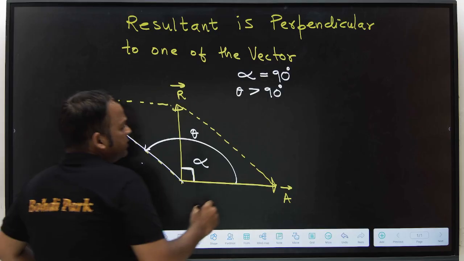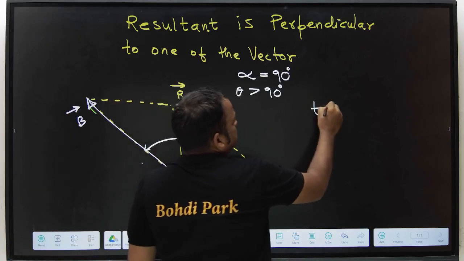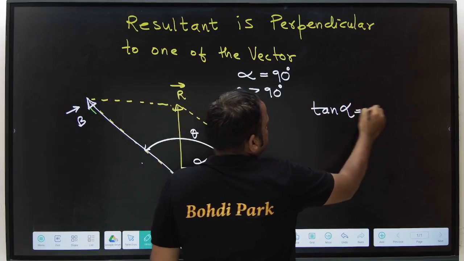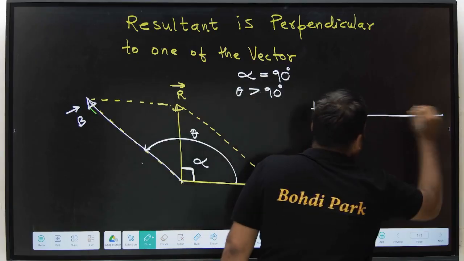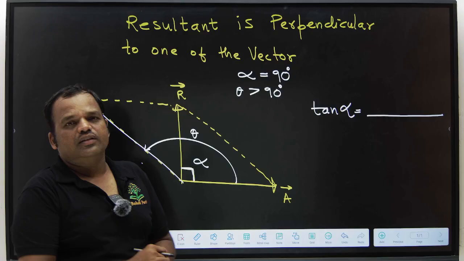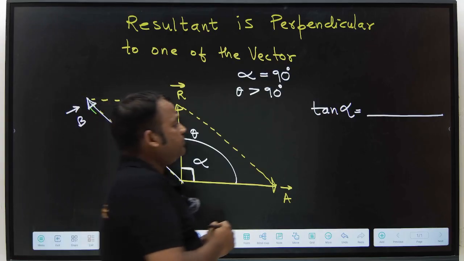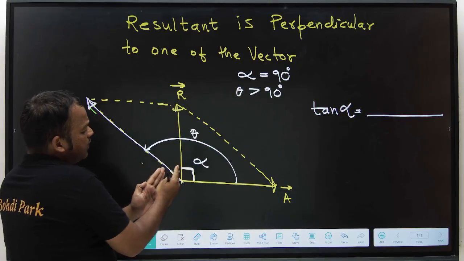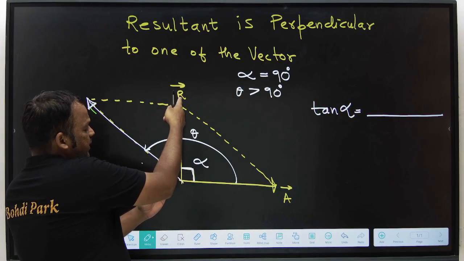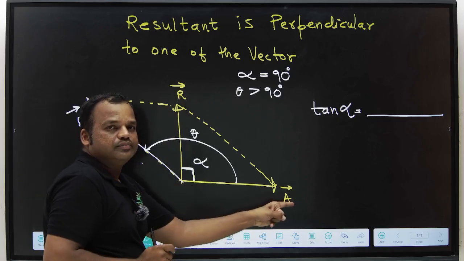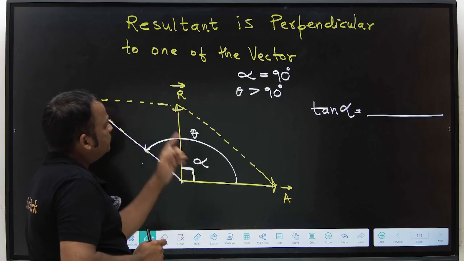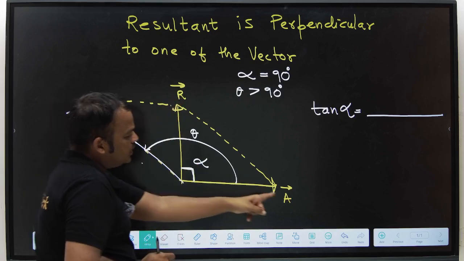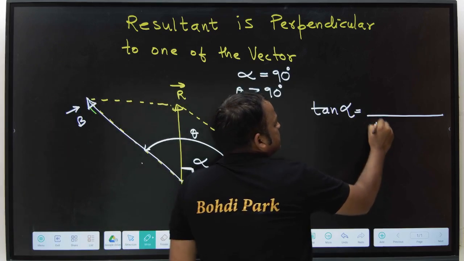Now we have a formula for tan alpha. To write tan alpha, first you look in the diagram, the alpha is made by the resultant with A vector. So write A first in the denominator.